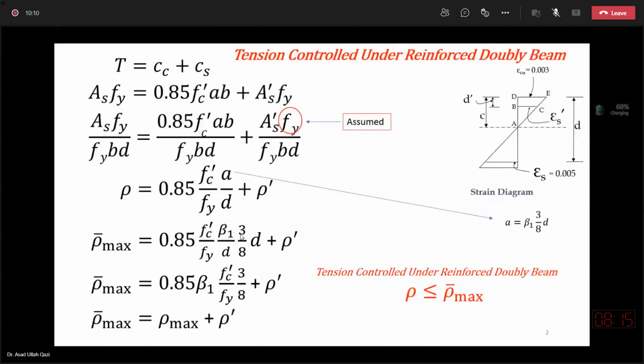The derivations are very simple, almost similar to your singly reinforced beam derivations. The only difference is that on the compression side, we have one more component, the compression force developed by the compression steel. So our longitudinal equilibrium equation, sigma Fx at the section, gives us T equal to C, and C has two components, CC plus CS.